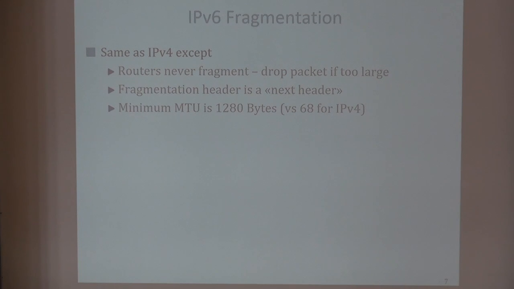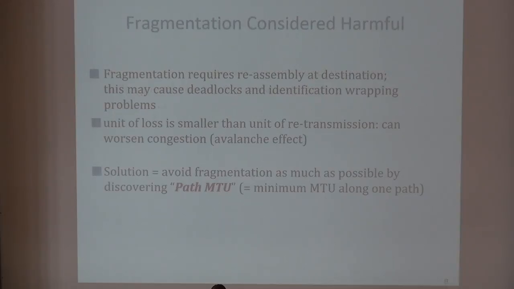There is a similar ICMP message that says packet too large. Then if you get this message back, you know the packet is dropped because it was too large, so the application should reduce the size. But not all routers support ICMP messages because it was used and misused by attacks.